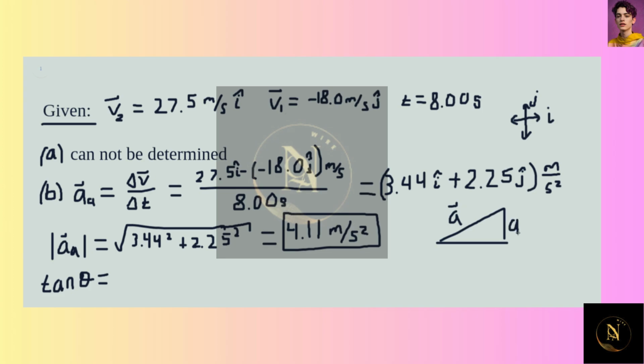And this would be the J hat direction, so this is A sub J. And this is the I hat direction, so this would be A sub I. Okay, so opposite over adjacent for this angle here. This is the angle we want to determine. This is theta. Well, that's going to be 2.25 divided by 3.44.